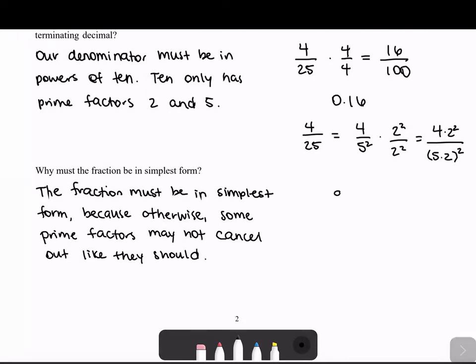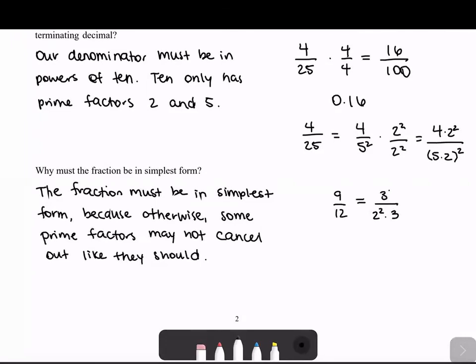If we consider 9 over 12, this fraction is not in reduced form because if we look at the prime factorization of the numerator and the prime factorization of the denominator, we have 3's in common on the top and on the bottom.